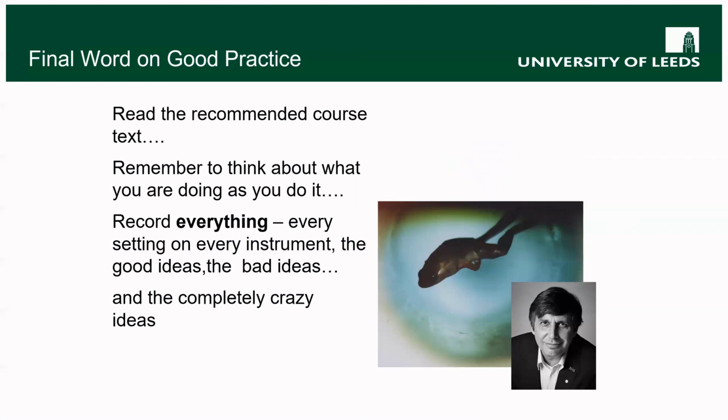And of course, sometimes you have completely crazy ideas, but record them because you never know what it might get you. So this is Andre Geim, who is relatively famous in the physics community for winning the Nobel Prize in Physics for the discovery of graphene. But he also has the Ig Nobel Prize in Physics because he decided, when he was working at the Nijmegen Institute for High Magnetic Fields, to have a shot at levitating a frog.